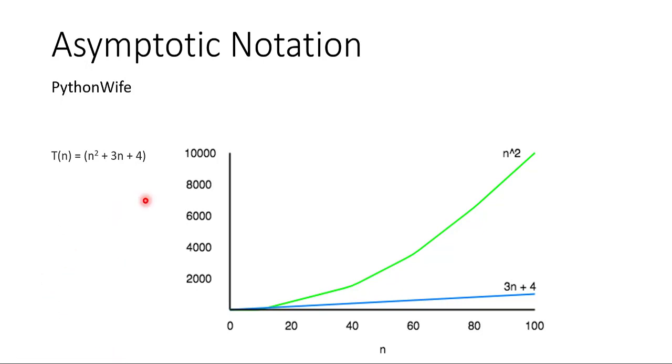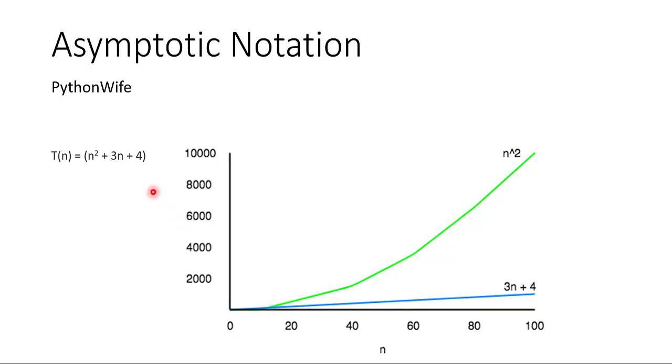So here in this example, there is an equation T(n) = n^2 + 3n + 4. It is a quadratic equation. Now for larger values of n, 3n + 4 will become insignificant compared to n^2, right?